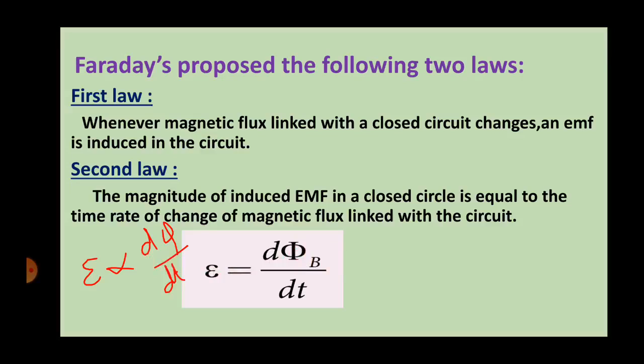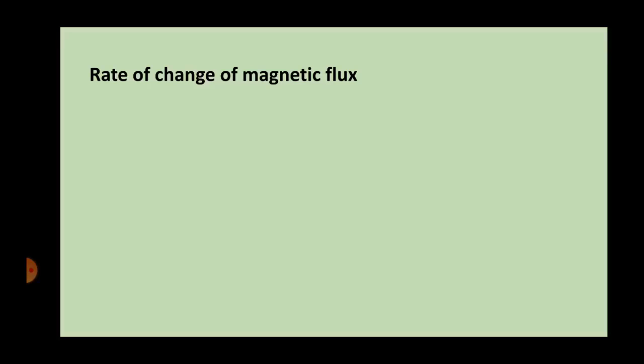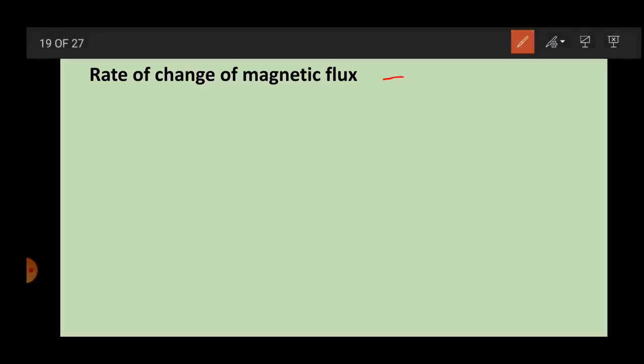Okay. Now calculate the rate of change of magnetic flux. The rate of change of magnetic flux is equal to φ2 minus φ1 divided by t. What is φ1 and φ2? φ1 is the magnetic flux linked with the coil initially. φ2 is the magnetic flux linked with the coil after a time t.